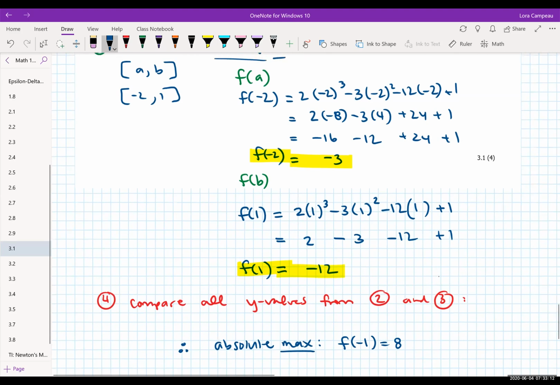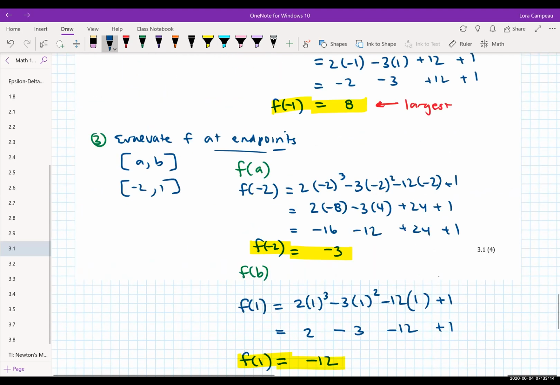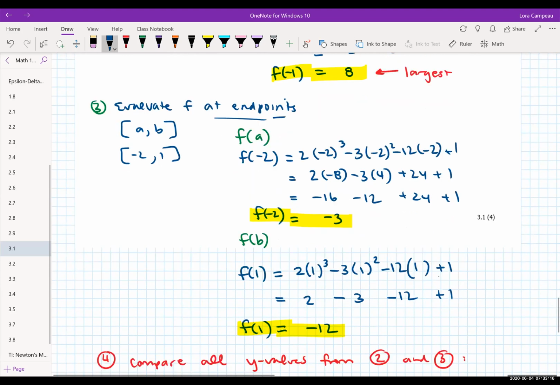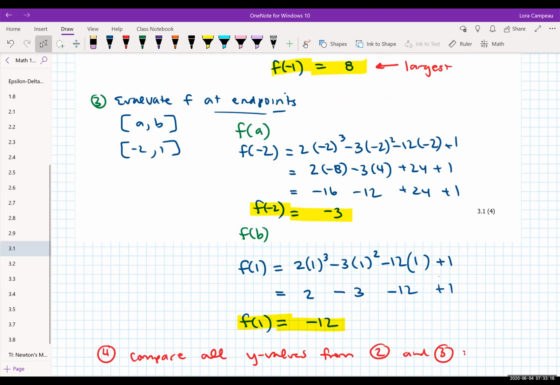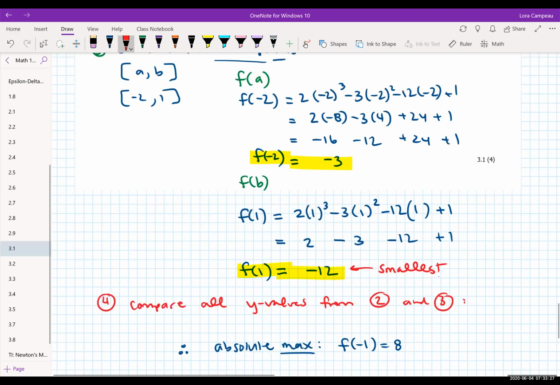Now, I just go through and say, well, who's smaller, negative 3 or negative 12? We will answer, negative 12 is the smallest. So now we have our absolute min.